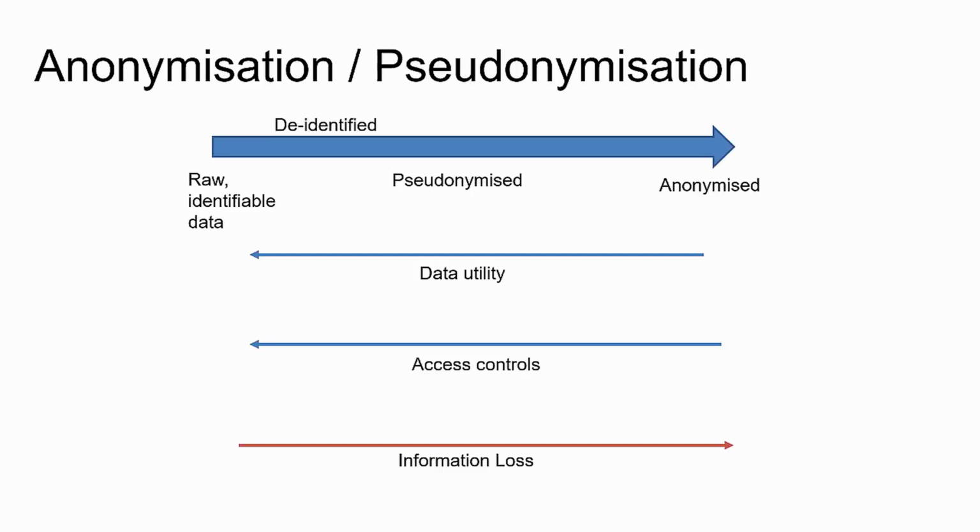This is data that, when we start a research project, we collect, and it has everything in it, including identifying, personal information. And then we move to de-identified, which is just removing the personal information. Then we have pseudonymized, which is still de-identified, but on top of that, we might also remove other information that might help identify the individual.